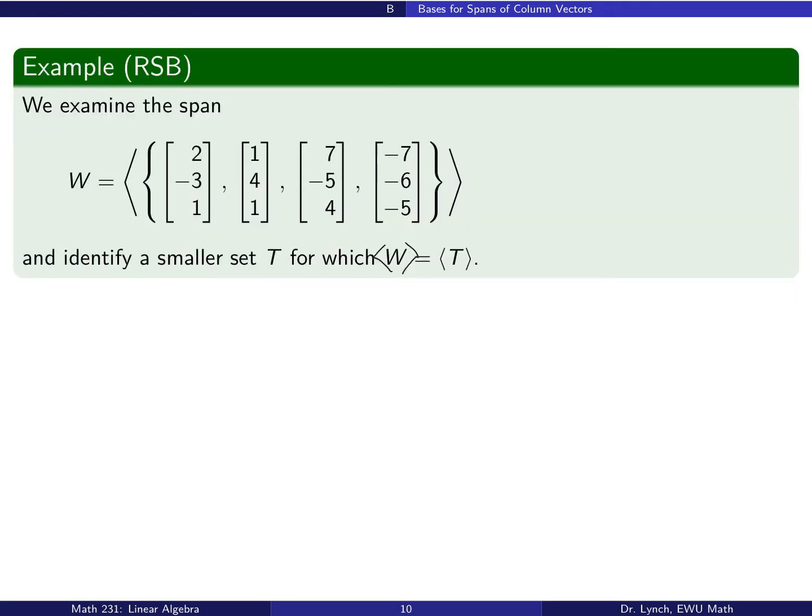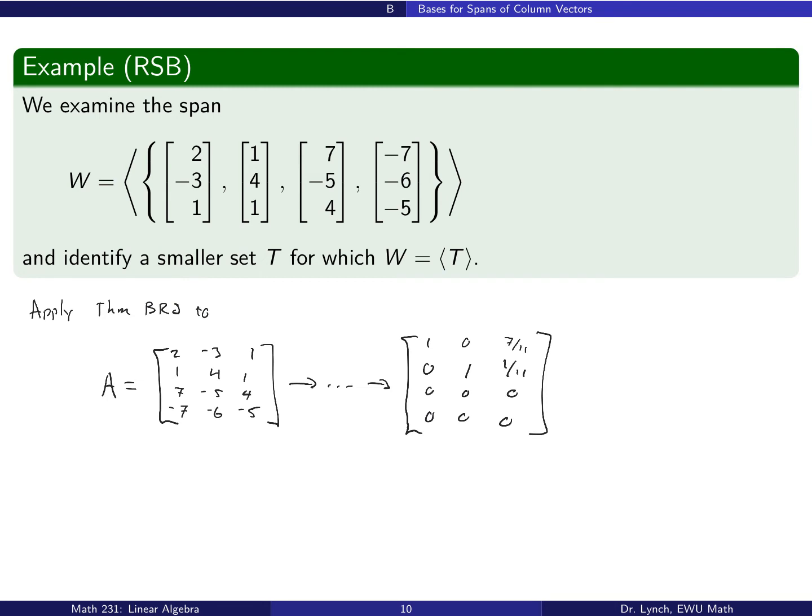Okay, so here's an example. These 4 vectors in C3 are definitely linearly independent. We'll go ahead and identify a smaller set T for which W is equal to the span of T. The way we'll do that is just by applying theorem BRS, basis of row space, to a matrix.